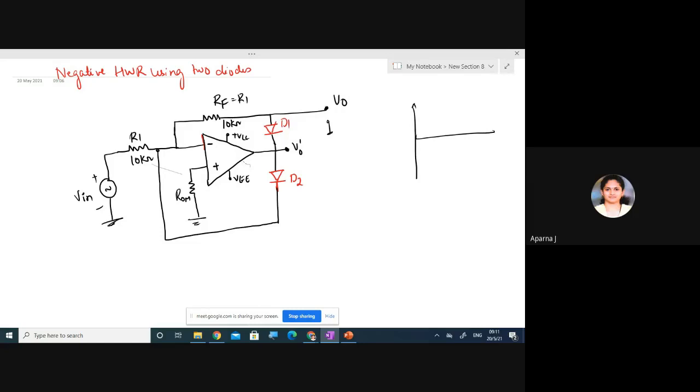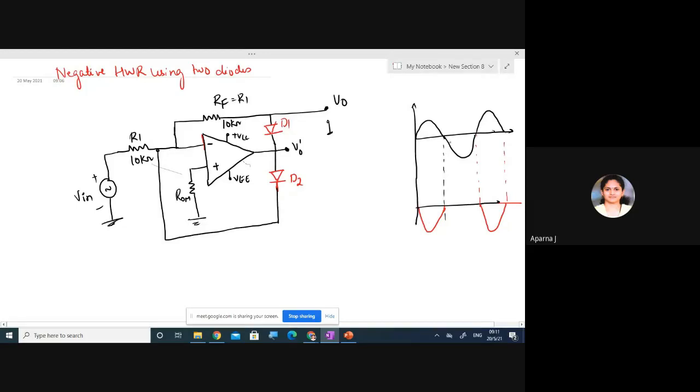Now, for positive going, you'll be getting a negative going output. Similarly, when there is a positive going, again you have a negative going output.